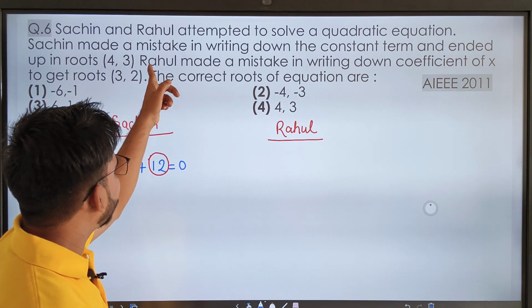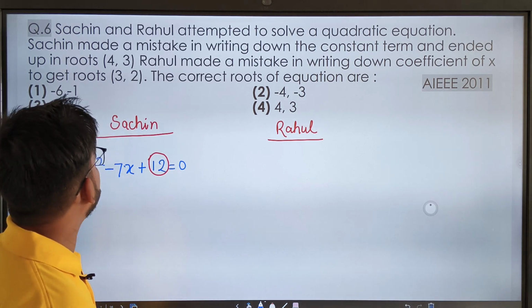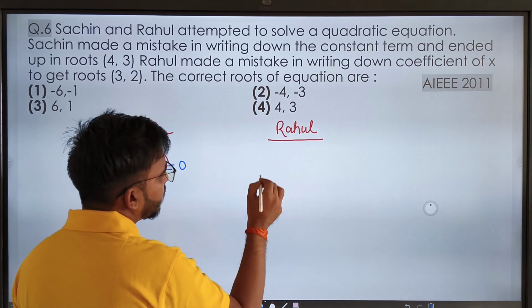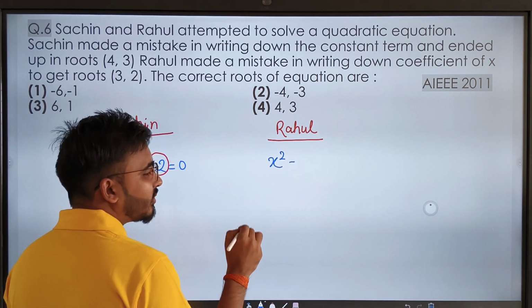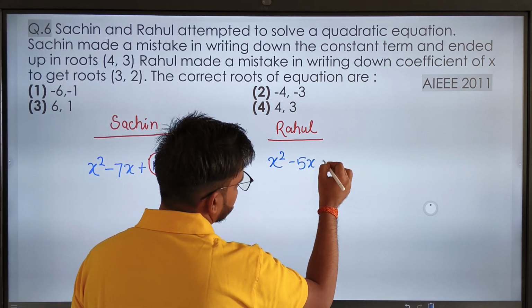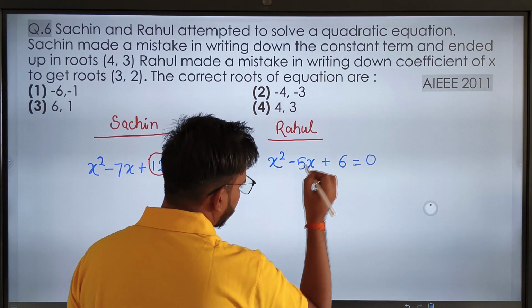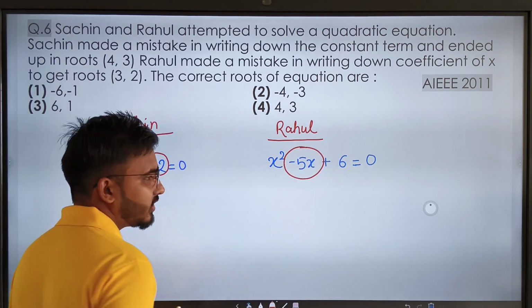Now we'll move to the next statement. It is saying that Rahul made a mistake in writing down the coefficient of x, this term, to get roots 3 comma 2. If he gets roots 3 comma 2, its equation should be x square minus sum of roots, that is 5x, plus product of roots, that is 3 twos are 6, equals to 0. Now he made a mistake in writing down this coefficient term.